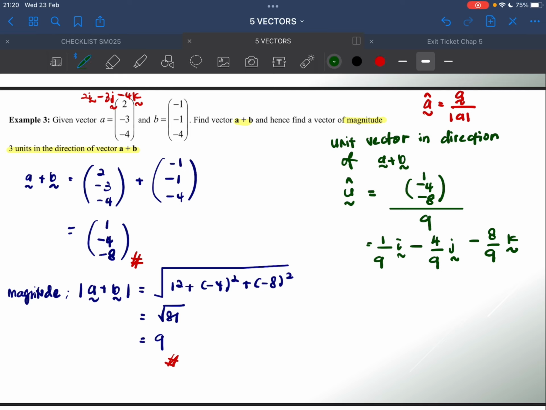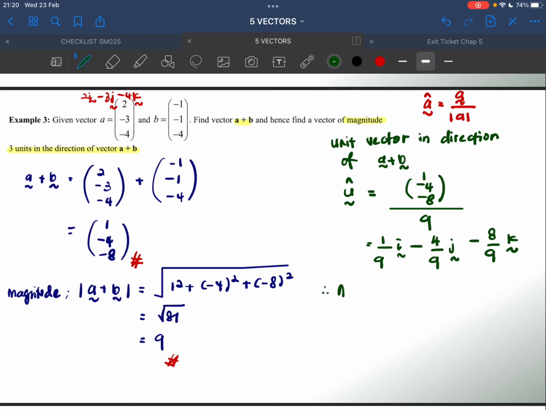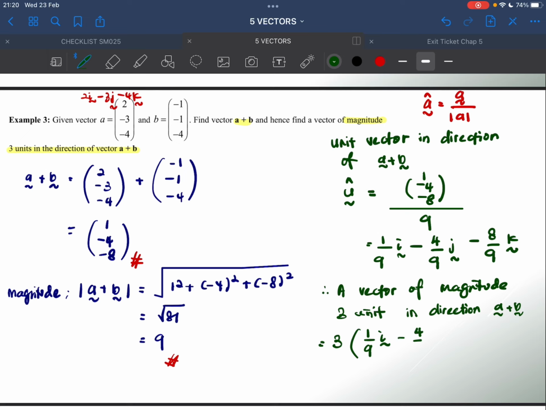What we want to find here is a vector of magnitude 3 units in the direction of A plus B. What we have to do here is simply multiply: 3 multiplied by the unit vector, 1 over 9 i minus 4 over 9 j minus 8 over 9 k.